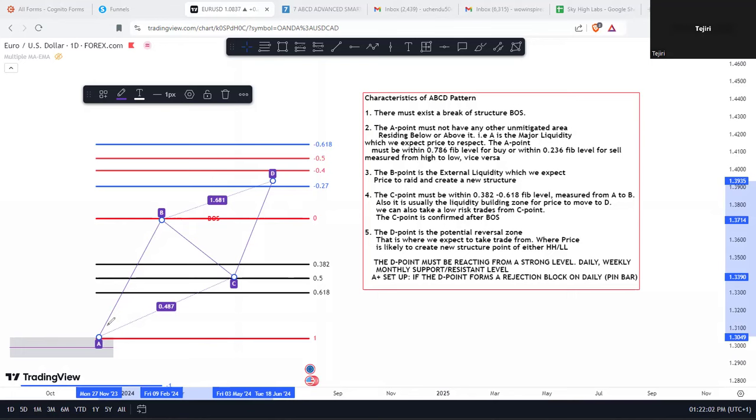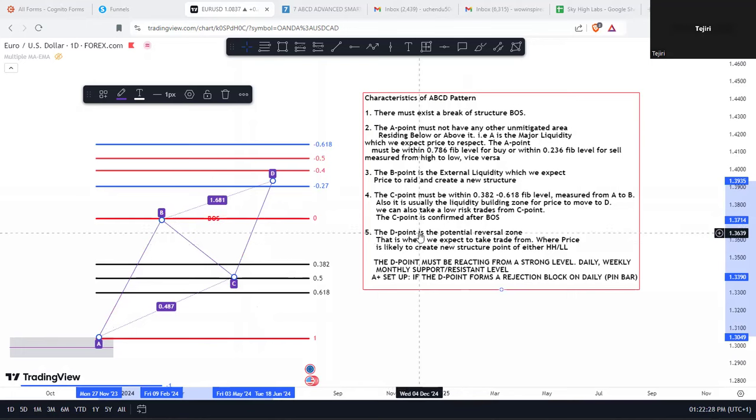So price will just come here, mitigate some, take money here, come down here, build enough liquidity here, and either push down, break this, or break this. And this is what we want to see. That is what happens in the market every single time. So this is what we want to trade.